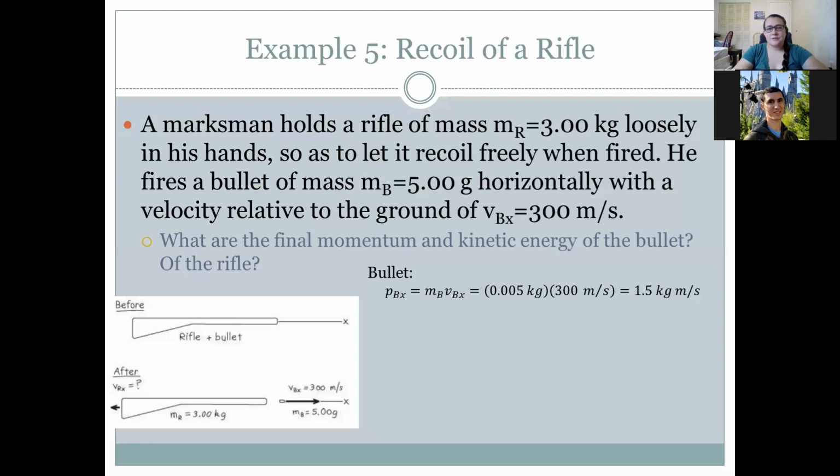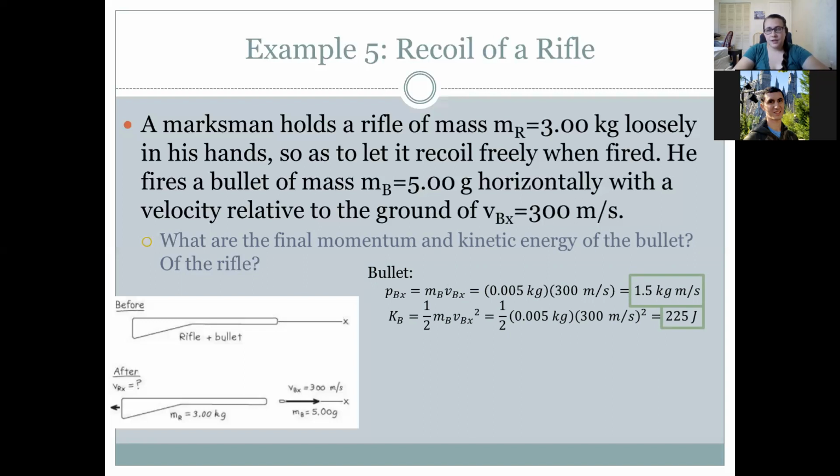And then its velocity is 300 meters per second. So its momentum is 1.5 kilogram meters per second. Its kinetic energy, we remember from last week, is 1/2 mv squared. So 1/2 times 0.005 times 300 squared gives us a kinetic energy of 225 joules.